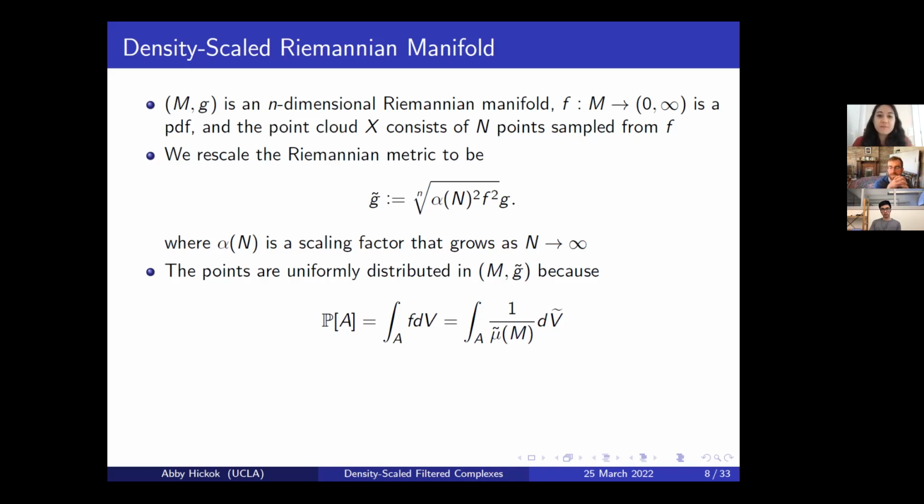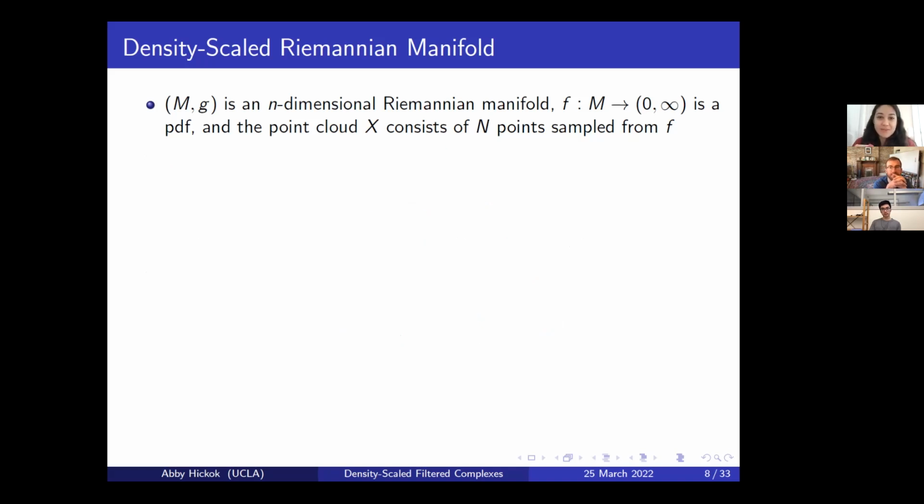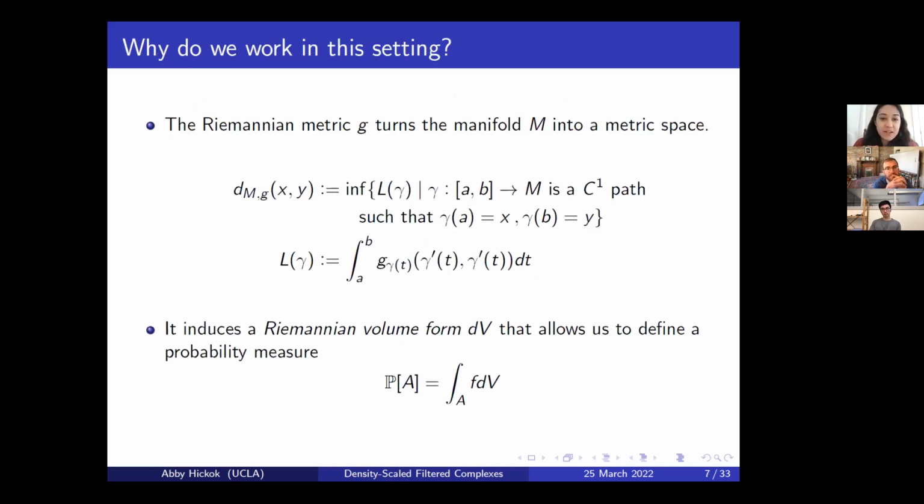The reason is because the Riemannian metric can be used to define squared norms. Let me go back here. You know what, I might even have a typo here. There should be a square root here.